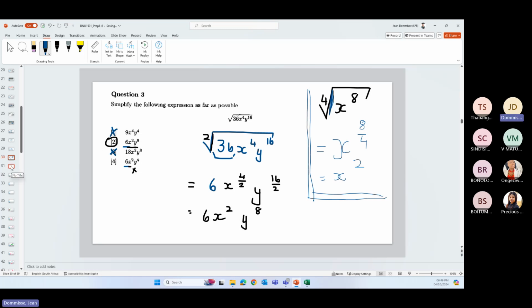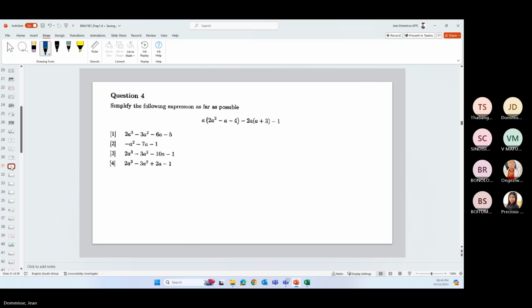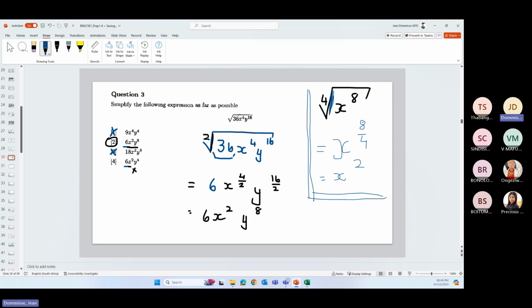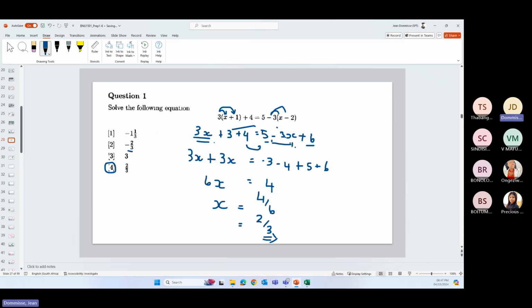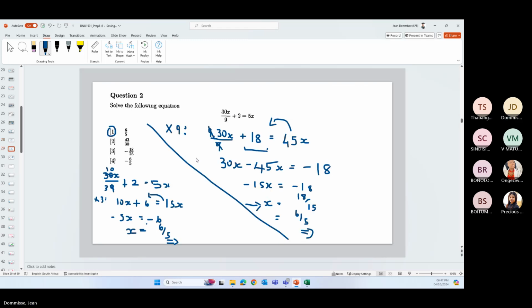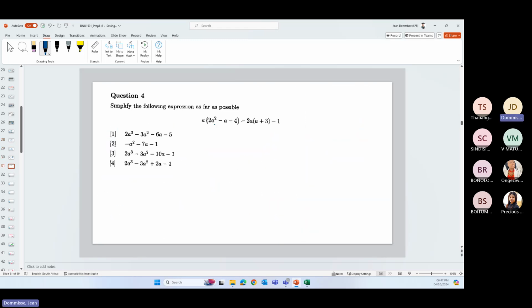Okay, so let's look at another one. Very similar to this one. All that they now did is there's an extra a to the power of 2.